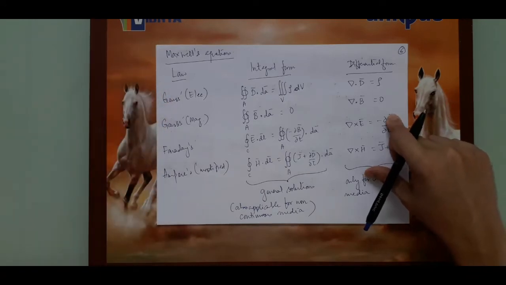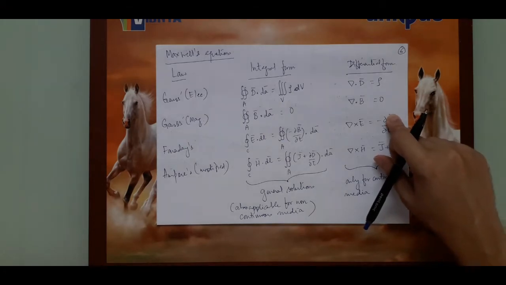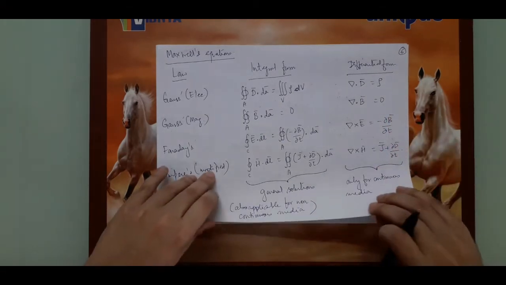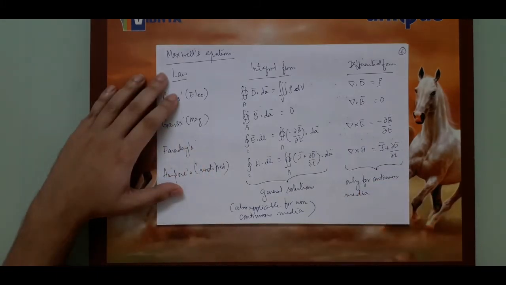Now let us slowly make a transition from continuous medium to media which may not be continuous, or to state this in a little bit more of a different manner, if there are two media which are separated by a boundary.